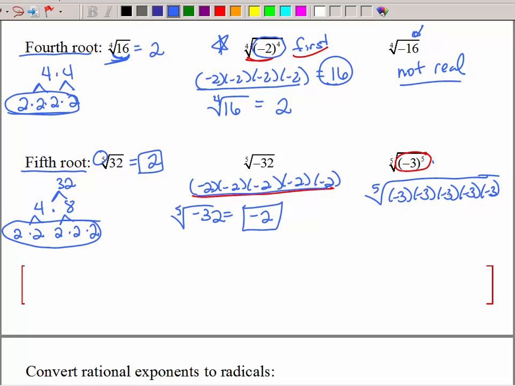And so since I have 5 of a kind of the same thing, that's negative 3. Now notice that's different than here. I had to multiply all those together, and an even amount of negatives gave me a positive 16. And so that's how this problem is different than this problem. So hopefully now you've got some type of conclusion.